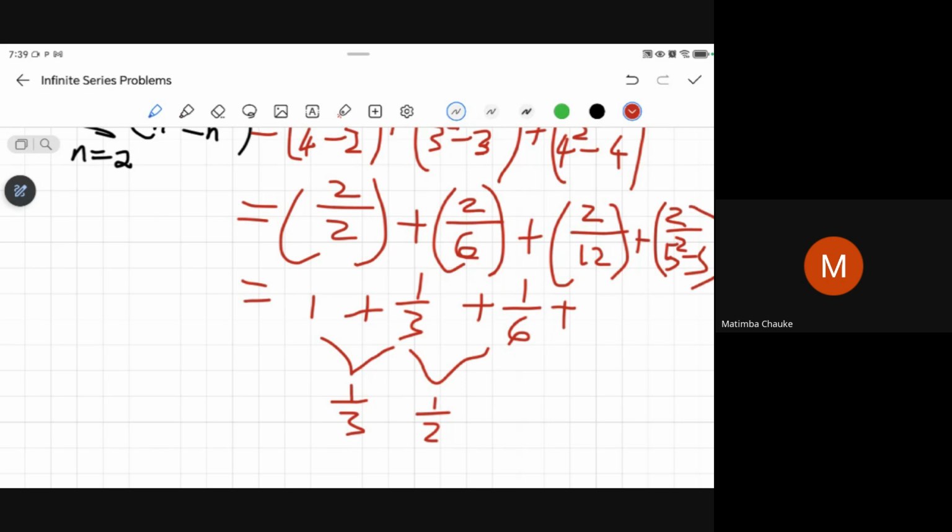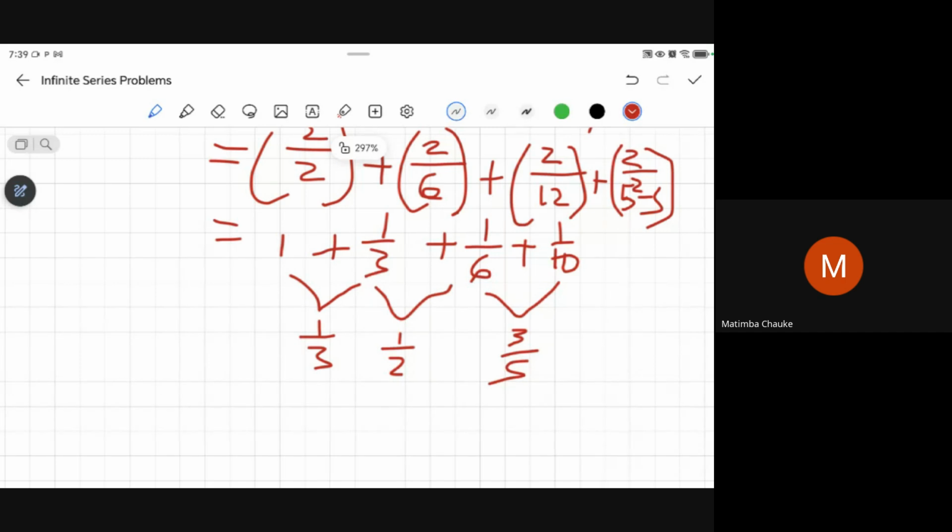And the 2 over 20 is 1 over 10. Right? And if you take 1 over 10 divided by 1 over 6, this would be 3 over 5. So if you check, this does not lead up to a geometric series.